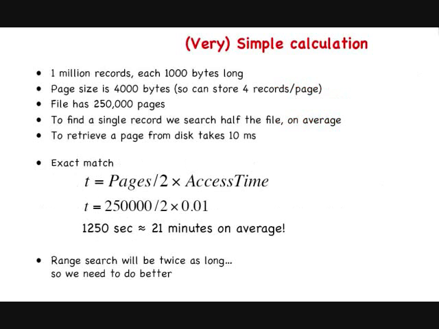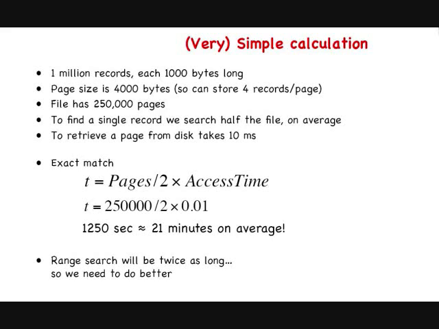Okay, so let's do some quick sums. Say we've got 1 million records, each 1,000 bytes, and we can get 4 records on a 4,000 byte page, so our file has 250,000 pages. If we're going to find a single record, on average we will search half the file.